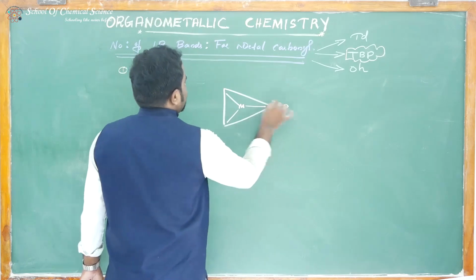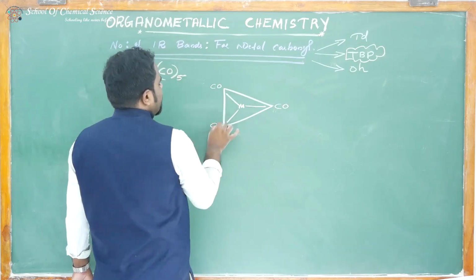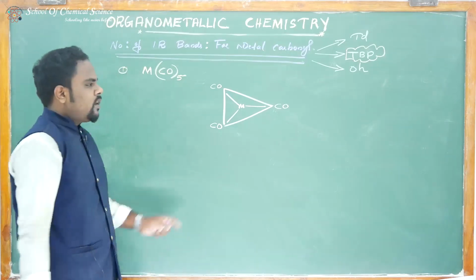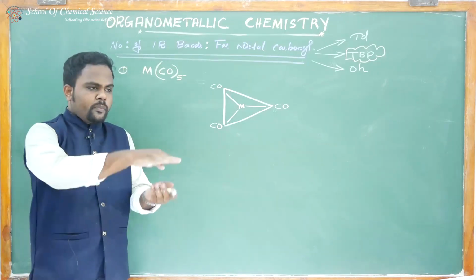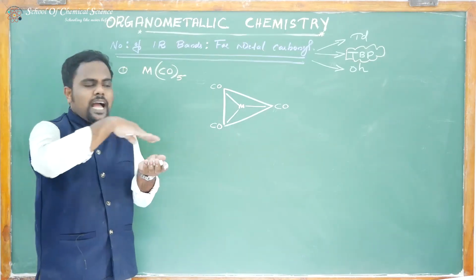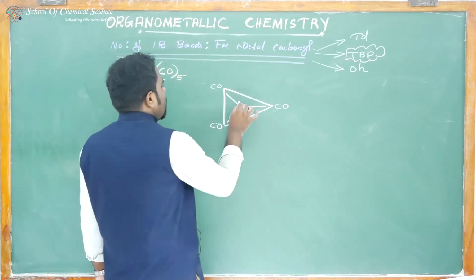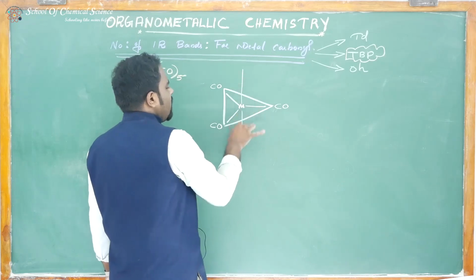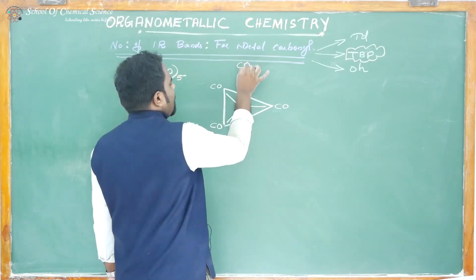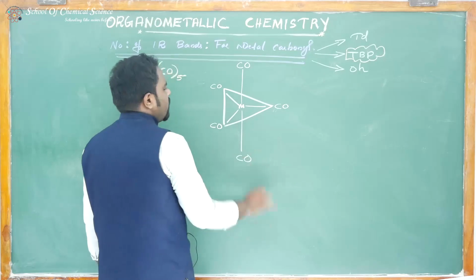Here a carbon monoxide, here a carbon monoxide, here a carbon monoxide. This is called the equatorial position, a triangular plane. Then one above and one below: above a carbon monoxide, below a carbon monoxide.